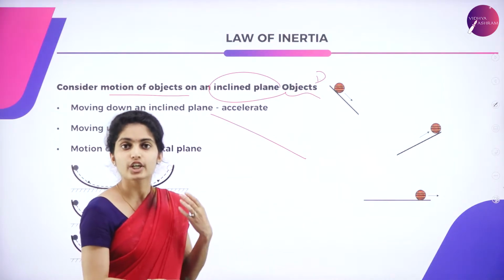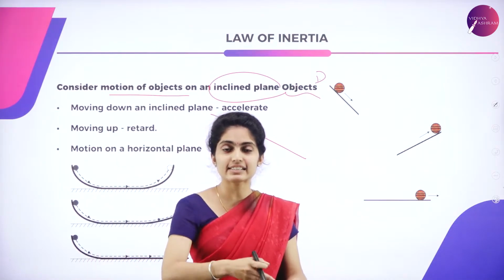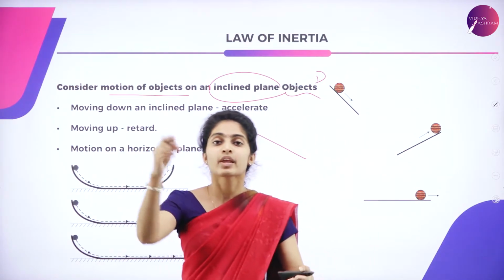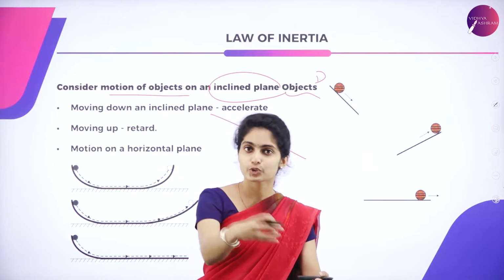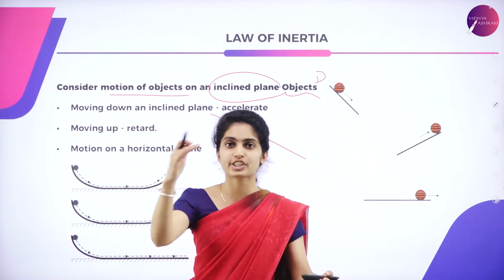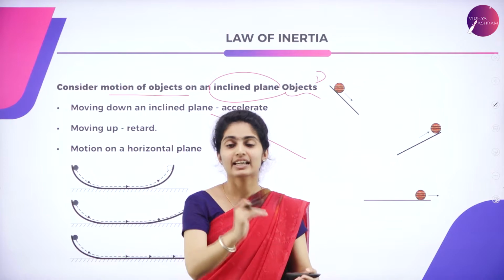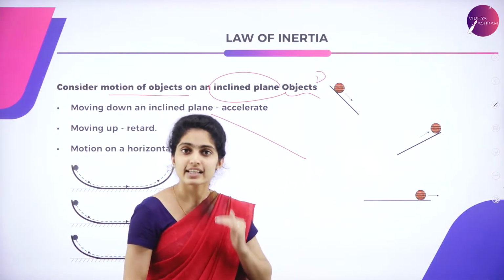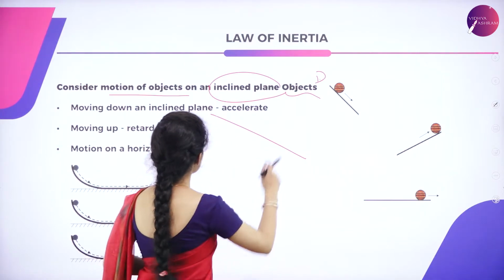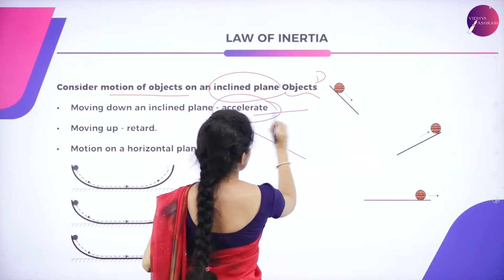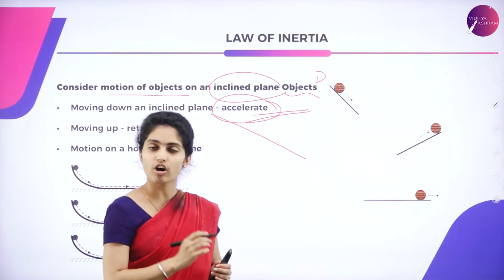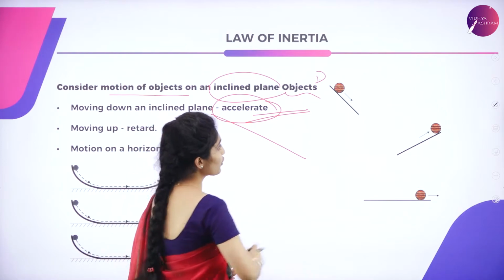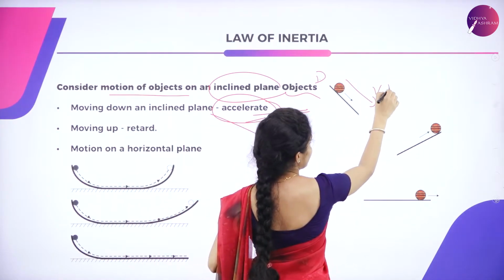The velocity increases, since the acceleration due to gravity is acting vertically downwards. When the object is allowed to move, it gains velocity, and the acceleration increases. So you can say it is getting accelerated, because the velocity of the object downwards increases.